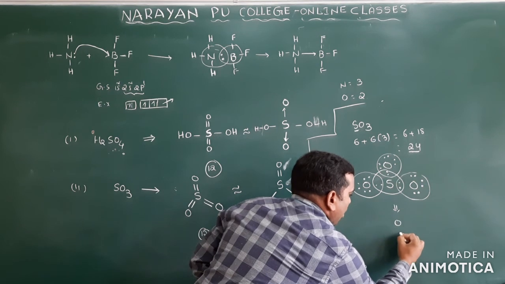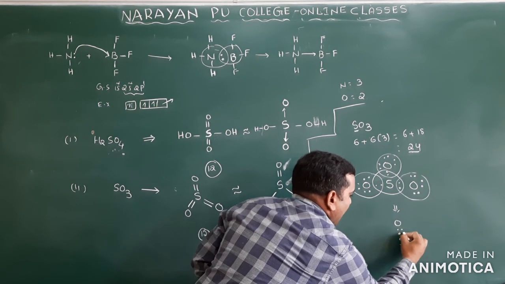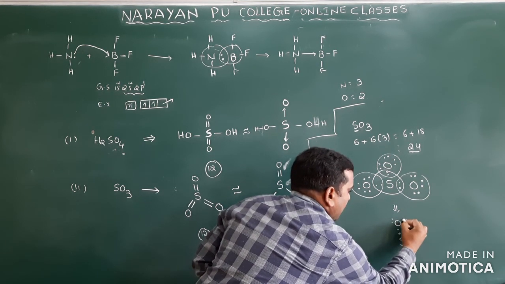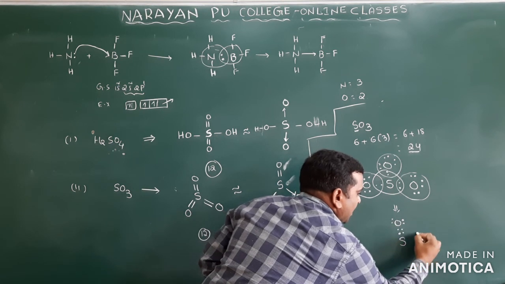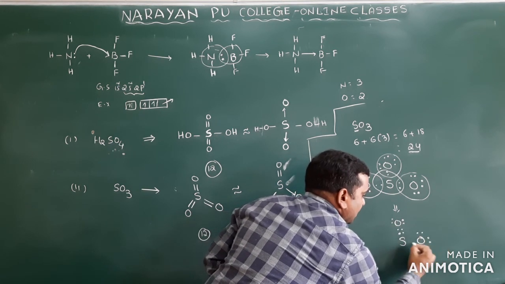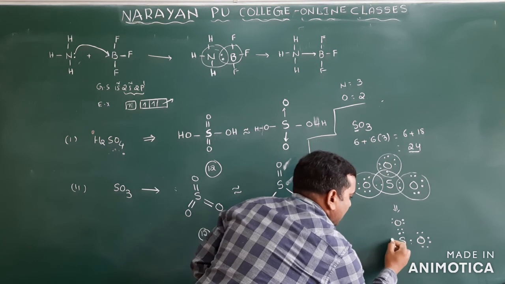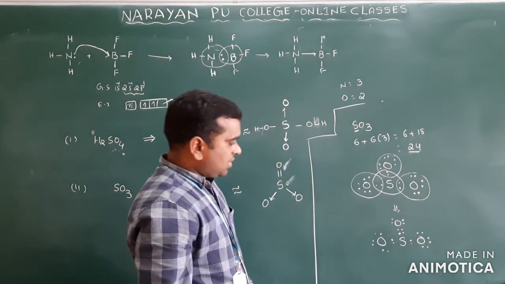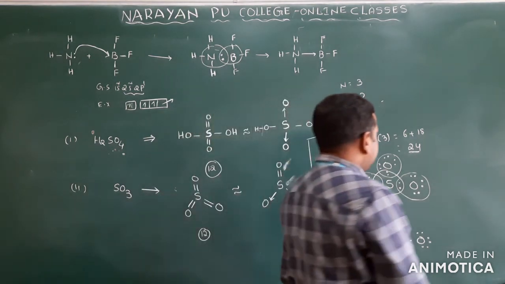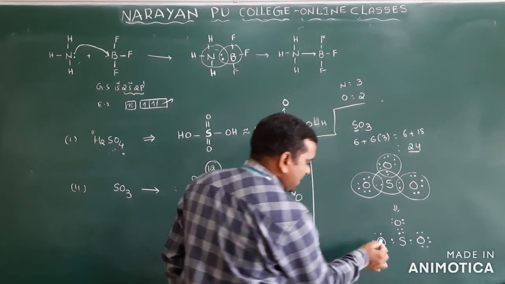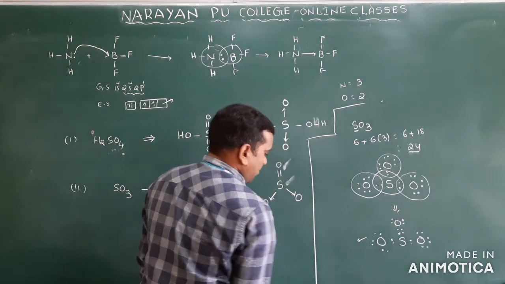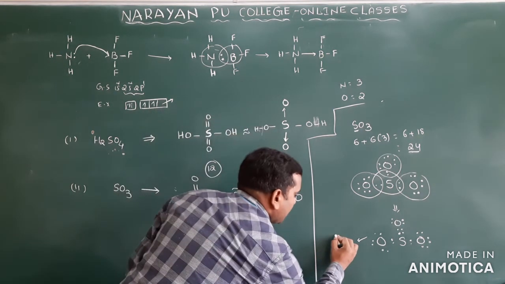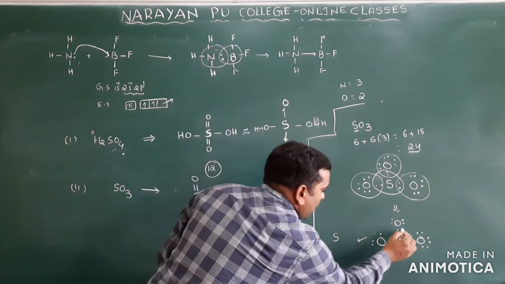Here already 2 electrons are there, and I will write another 2 electrons from the oxygen, but I will keep all the other electrons like this. Clear? So now this is the structure. If you write it in the bond formation, sulfur is there. Here 2 bond pairs are there.